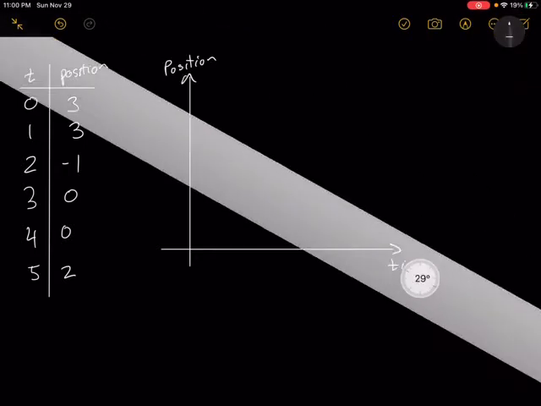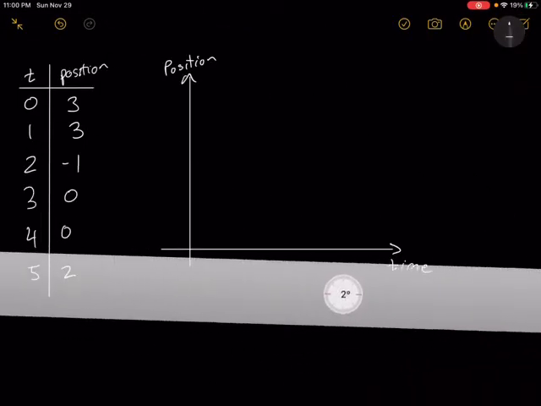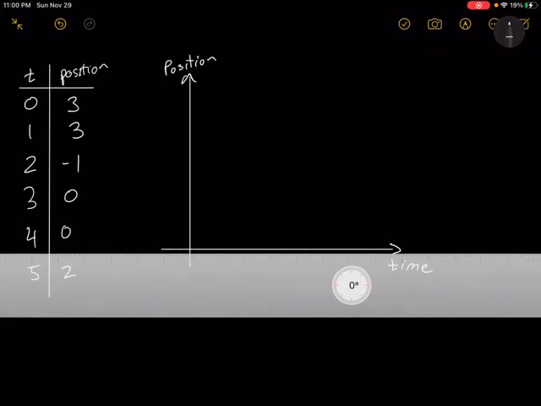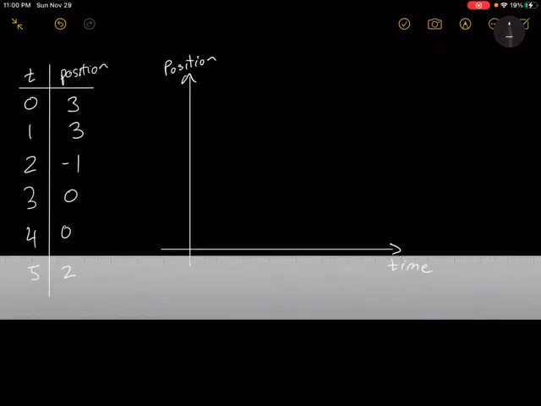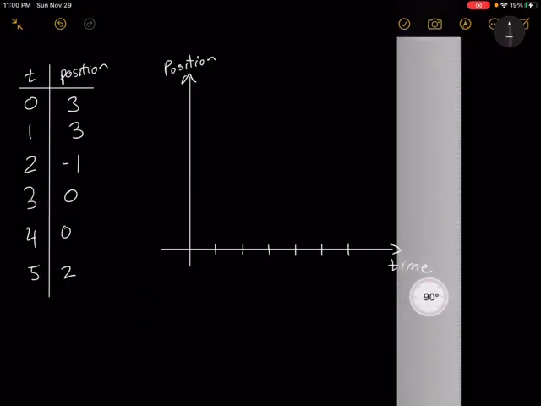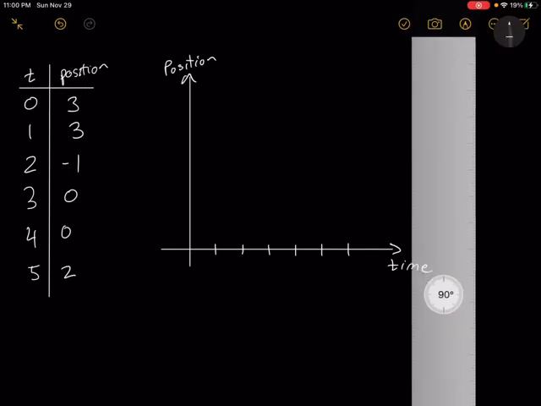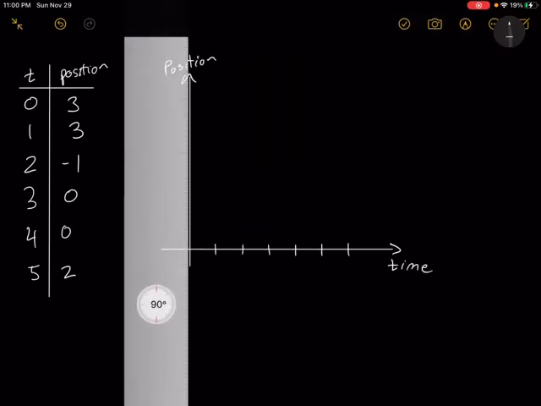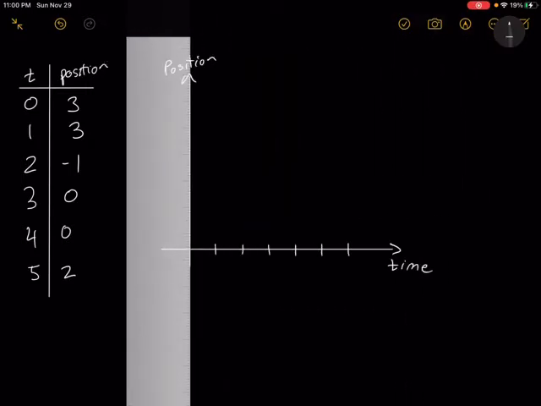We can space out, so we have 0 to 5. So we go 1, 2, 3, 4, 5. Let's go to 6 since we have the space. And then position, we actually have a little bit going in the negative, so why don't we add a bit to that.